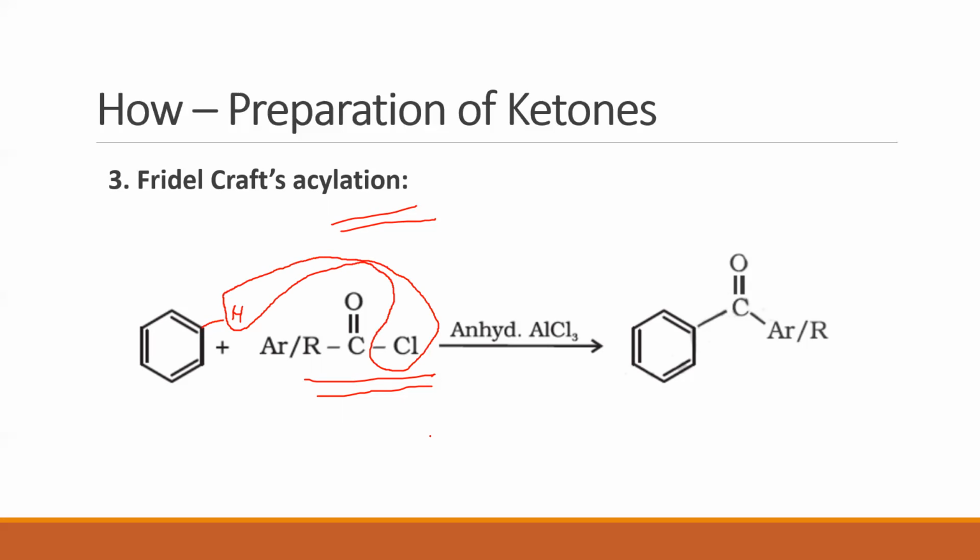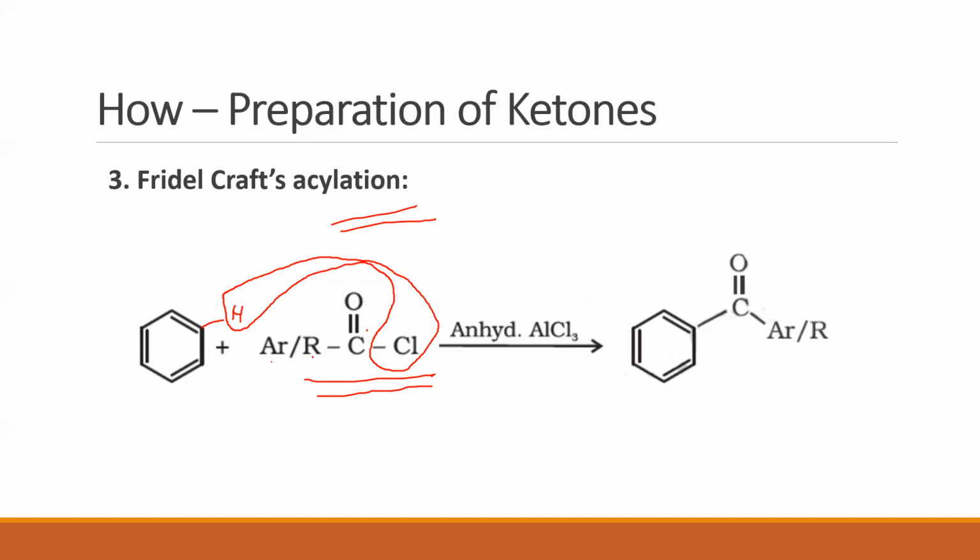So what is remaining here? I have this RCO group or ArCO. What is Ar? Ar is nothing but aryl. Now R is an alkyl group, Ar is an aryl group. So I can either take an acyl halide which has an alkyl group, or I can take an acyl halide which has an aryl group, depending upon what is the compound that I need to prepare.